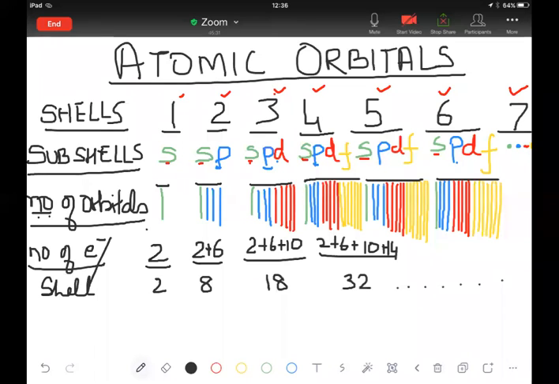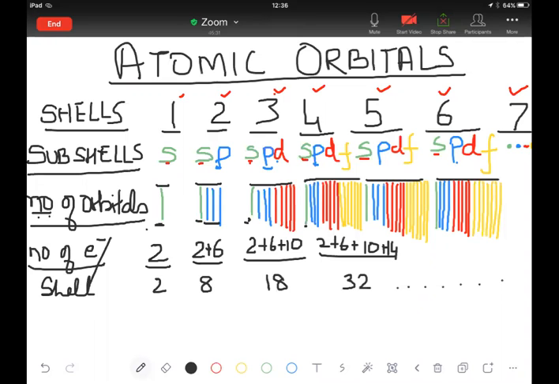So in this case, S is having 1. Each of these clusters has the first one as the light green because S belongs to all of them. S is present in all of them. Then I have shown a cluster of 3 blue lines. These 3 blue lines are indicating the P subshells.